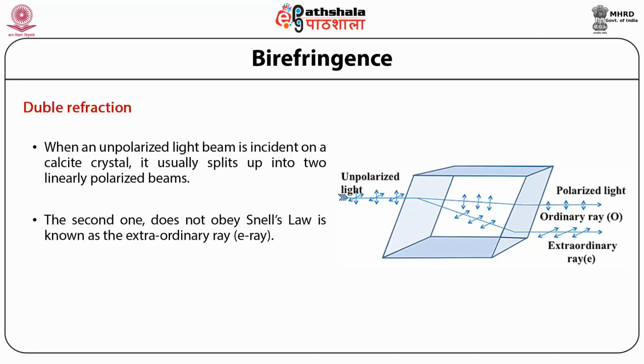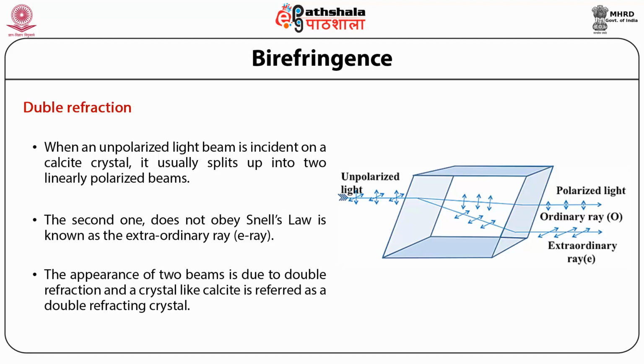The second one doesn't obey Snell's law and is known as the extraordinary ray or E ray. Figure 5 represents the schematic diagram for the polarization of light by double refraction.